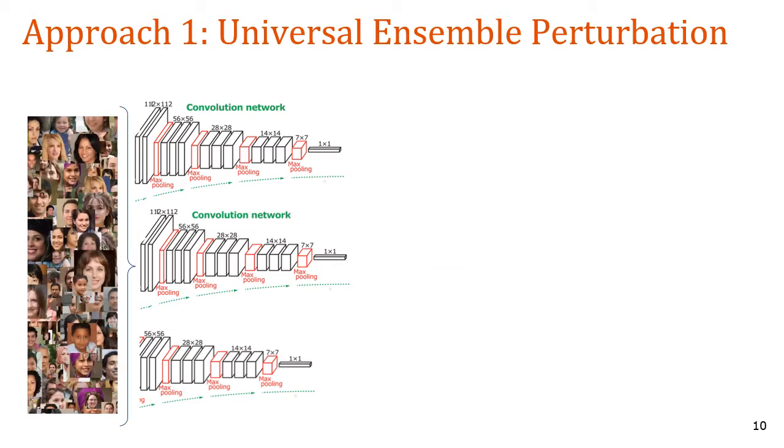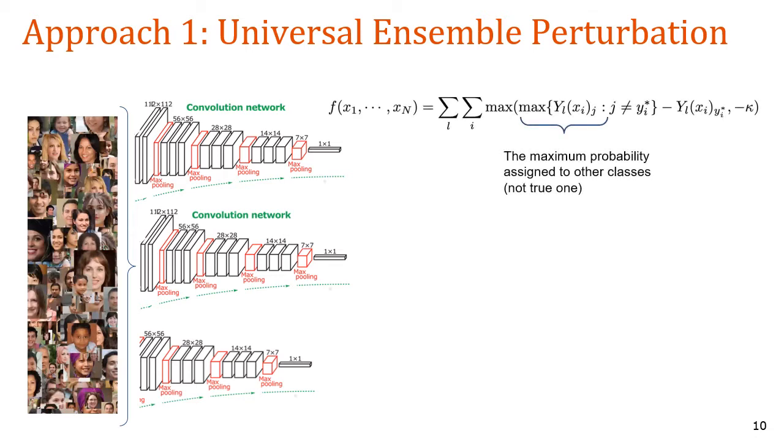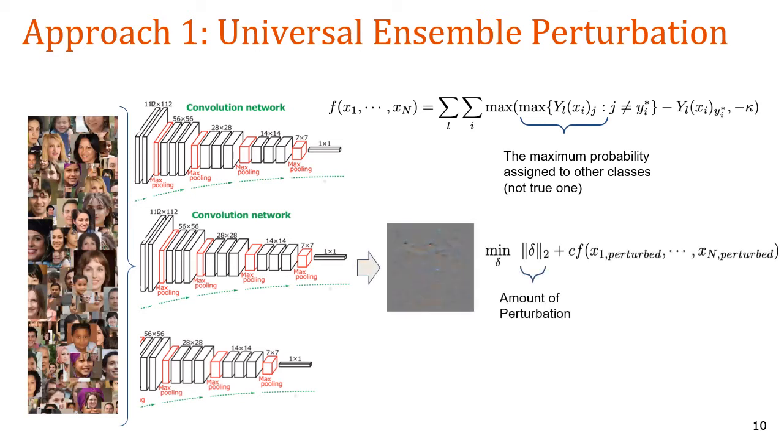To learn universal ensemble perturbation, we use 3 CNNs, and we learn this perturbation over 200 images. We extended the Colony attack to support ensemble and universal learning, and then we learn a minimum perturbation that can fool all these 3 CNNs.